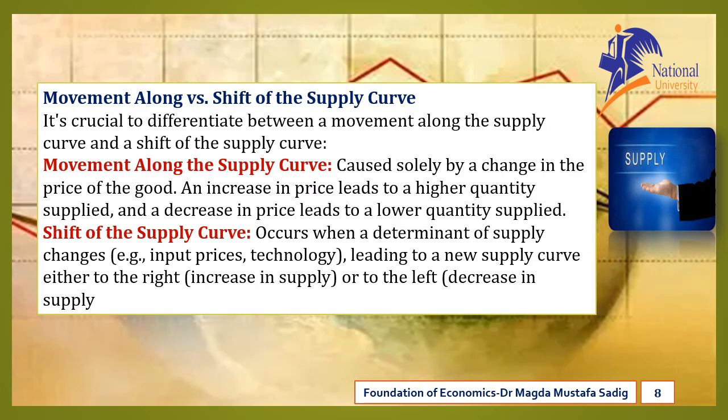Let us come to movement and shift along the supply curve. While price causes a movement along the supply curve, there are other factors called determinants of supply that can cause the entire supply curve to shift either to the right, increase in supply, or to the left, decrease in supply.